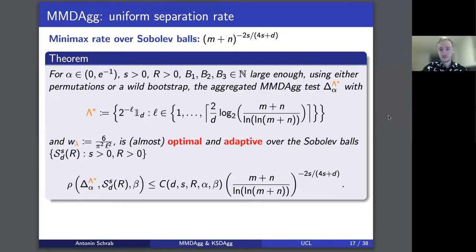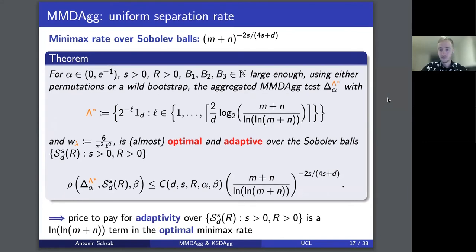And so for this test with this designed collection of bandwidths, we show that it's almost optimal in the sense that it reaches the minimax rate up to some log-log term, and it is adaptive in the sense that it does not depend on the smoothness parameters s and R of the Sobolev balls. So here we can see that the price to pay for adaptivity over the Sobolev balls is just this iterated logarithmic term in the minimax rate.